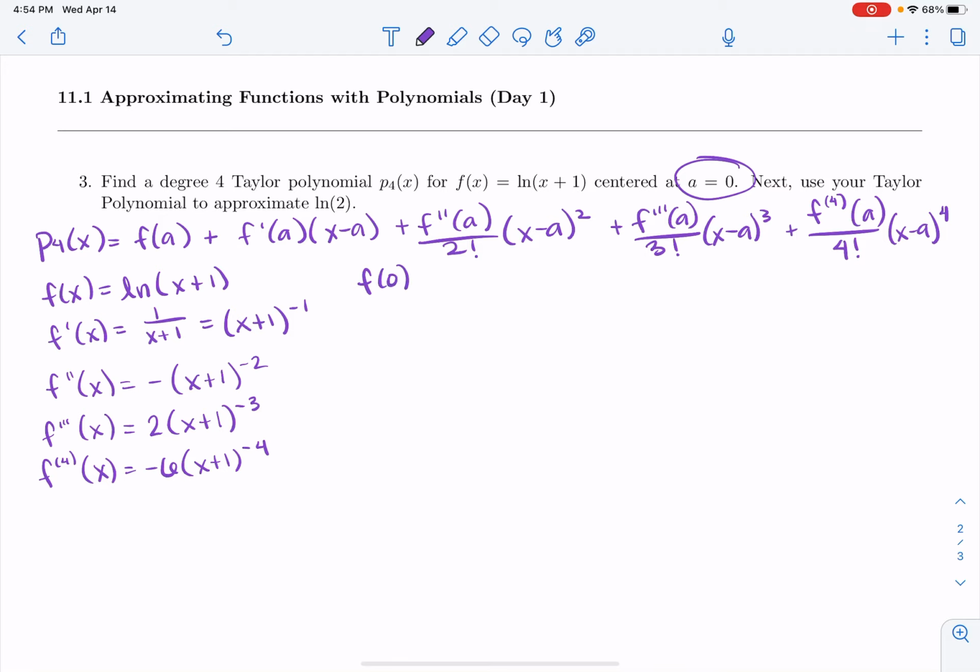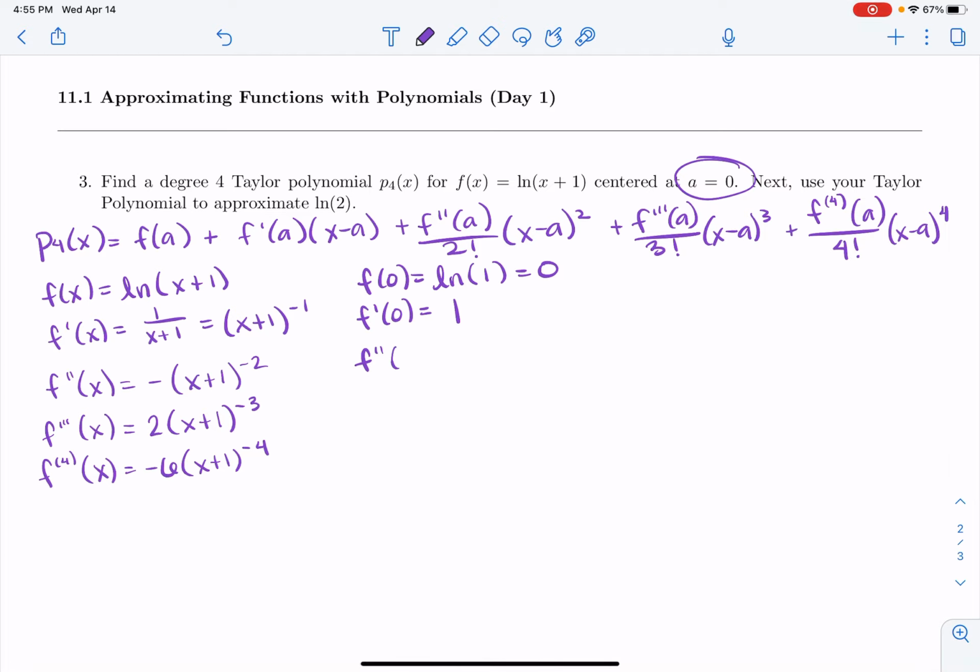So f of 0 is equal to natural log of 1, which is equal to 0. F prime of 0 equals, let's see, x plus 1 is just 0 plus 1, which is 1, to the minus 1, which is 1. Notice here that all of the x plus 1s are just going to go to 1, and 1 to any power is just 1. So what we're going to be left with is the coefficients.